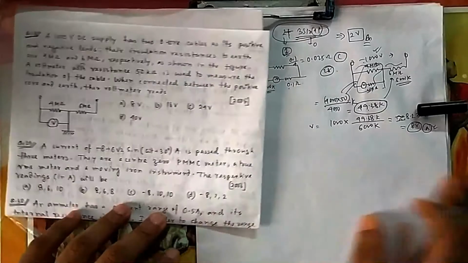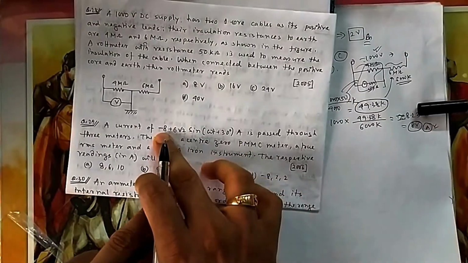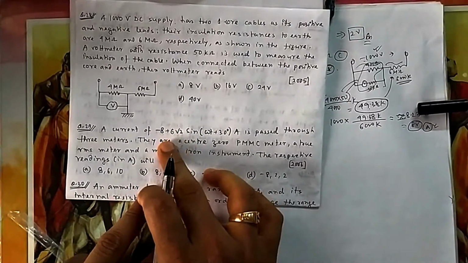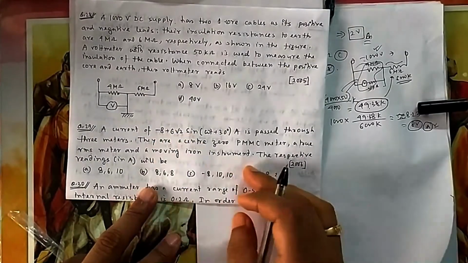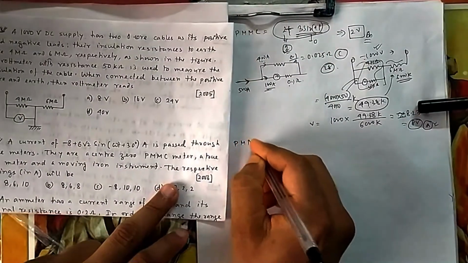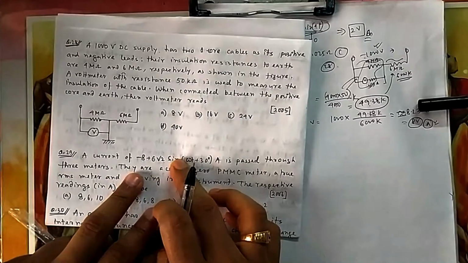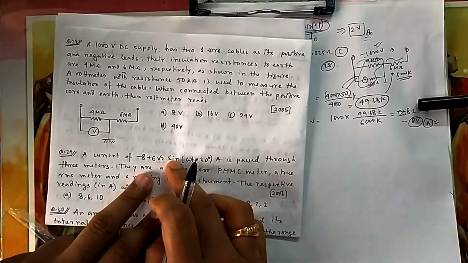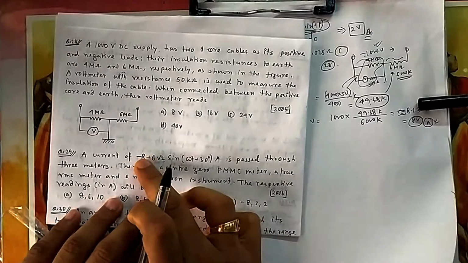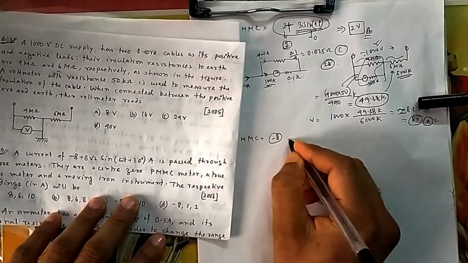They are repeating this type of question so many times, these mixed signals. DC and AC are there. So PMMC will measure only DC. You know what the DC value or average value of this one is. The average of the AC part is always 0, because for a full cycle a sinusoidal has 0 average. So it is -8. PMMC will measure -8, that is sure.